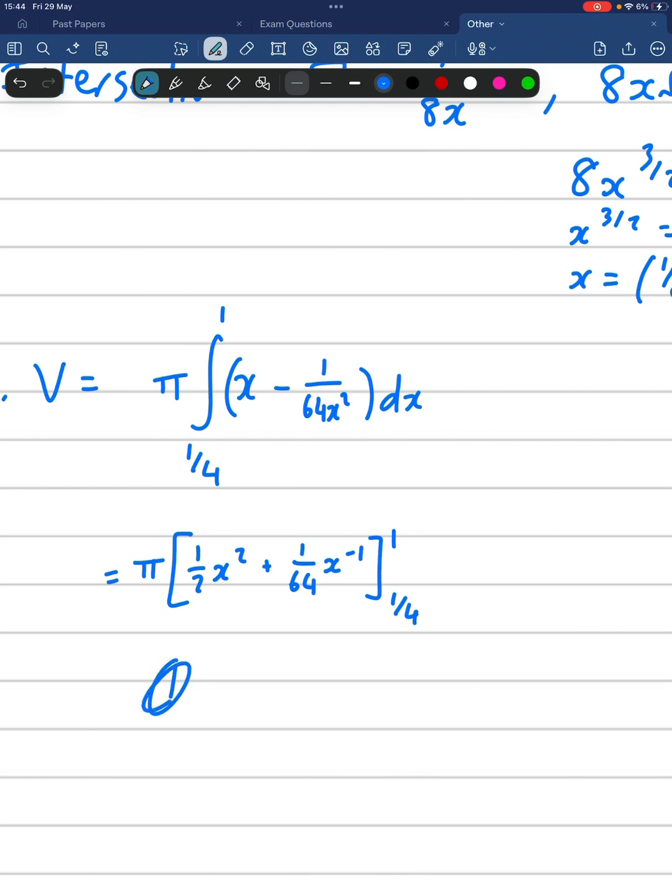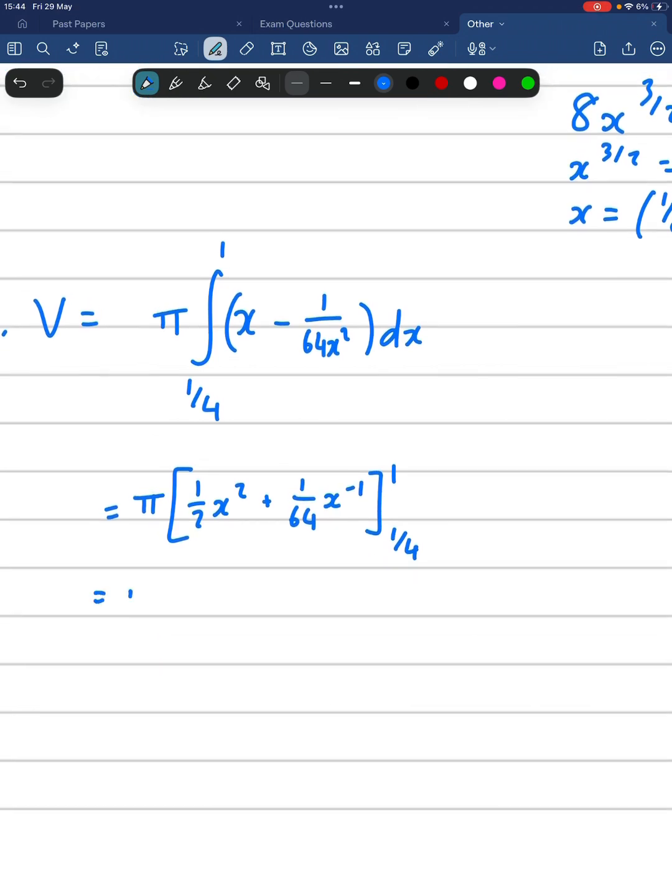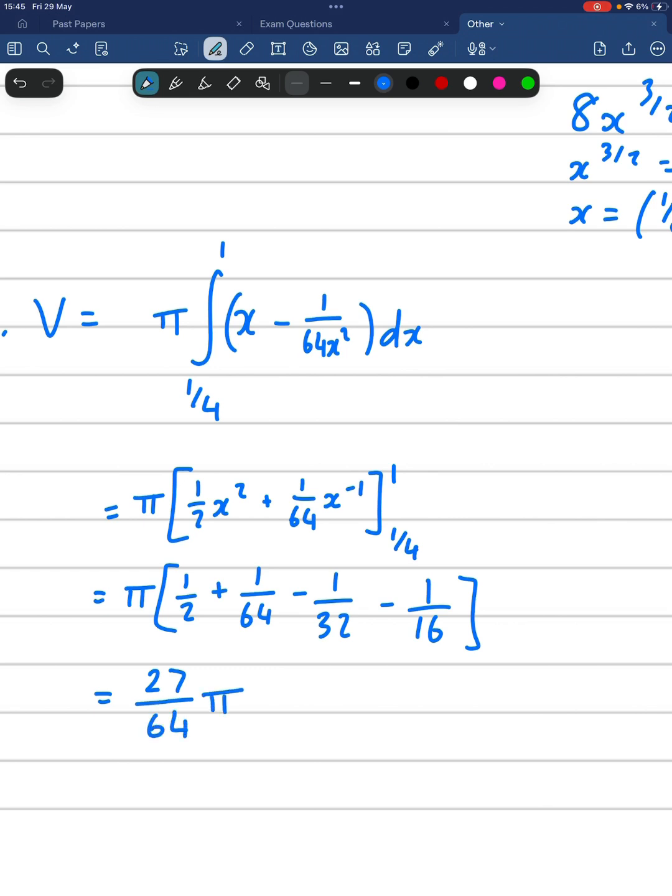Okay. So now this is just pi lots of a half plus 1 over 64, minus a half times a 16th. 1 over 32 minus 1 over 64, times 4 minus 16th, which will give us 27 over 64 pi units cubed.